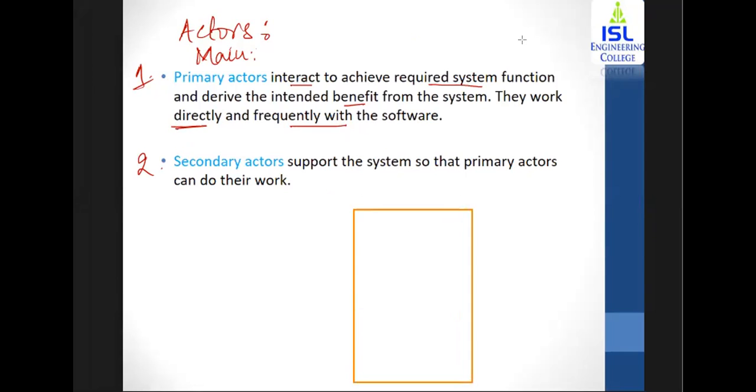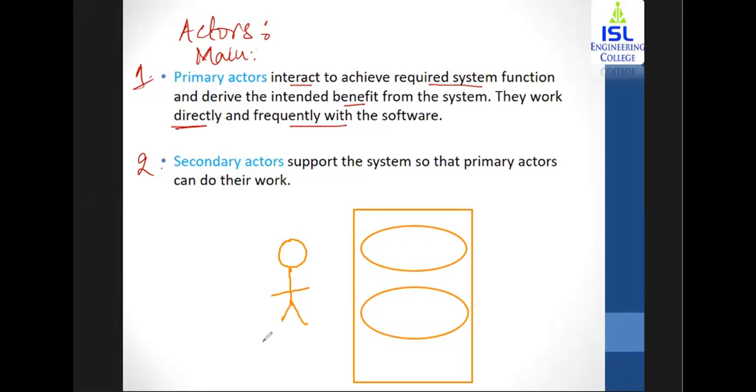You have a system boundary. So you have this actor.